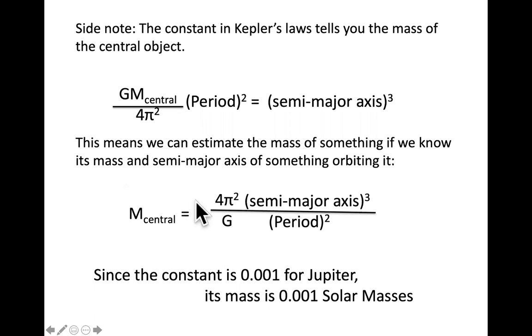The mass of the central body is basically set by the semi-major axis of an orbiting object cubed divided by its period squared times a numerical factor that depends on this universal gravitational constant. Basically, it means, though, that since the constant was 0.001 for Jupiter, the mass of Jupiter is 1/1000th the mass of the sun. So Jupiter is much less massive than the sun, which makes sense. It's way smaller.